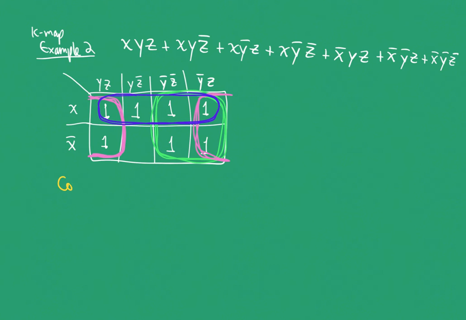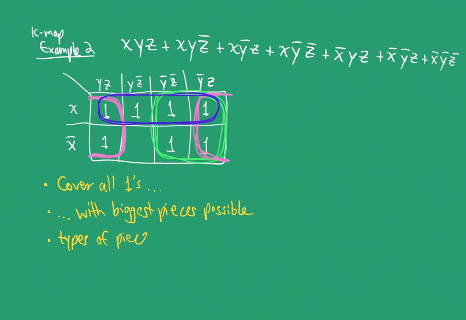So we want to cover all the ones with the biggest pieces possible. And the types of pieces that you're allowed to use are things like, well, technically you can do 1 by 1, but that's not the best way to go.